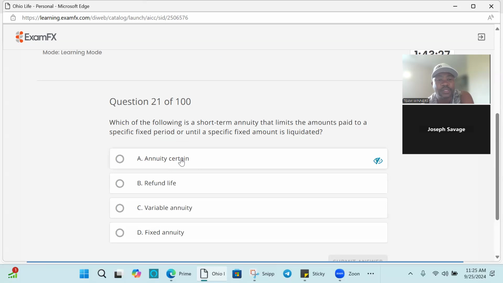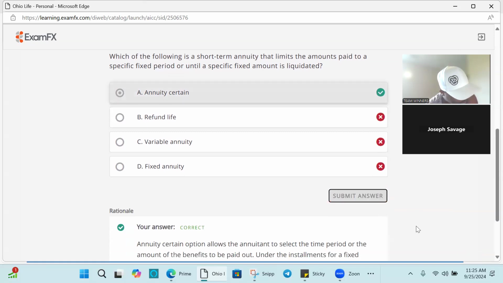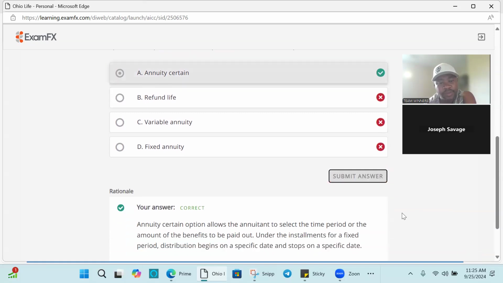I think it's annuity certain. Annuity certain, specific fixed period or fixed amount. And the way I remember that is, certainly all the money will be paid out.